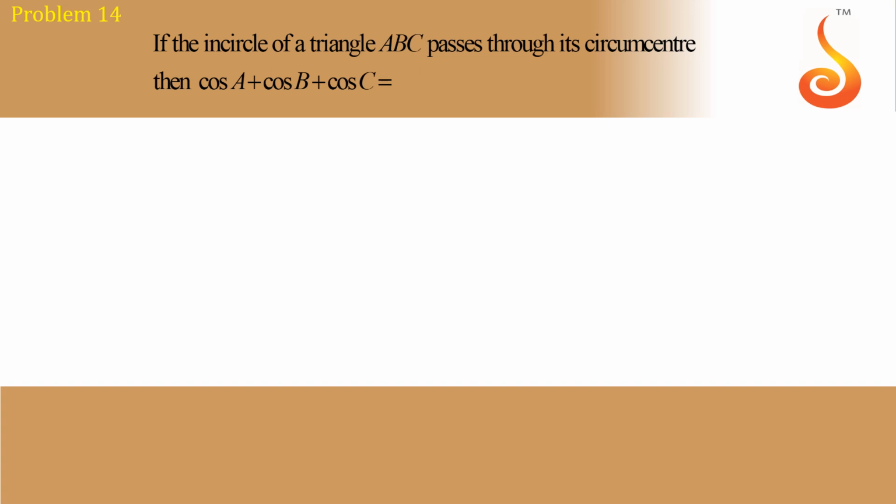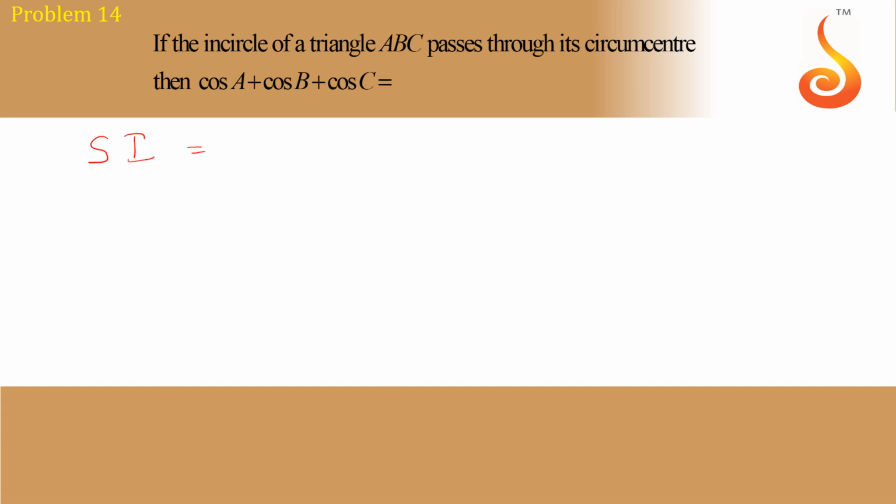Next problem. If the incircle of a triangle ABC passes through its circumcenter, then cos A + cos B + cos C is dash. See, here you have to remember some formulae. In any standard book you will have a formula for the distance between incenter and circumcenter.